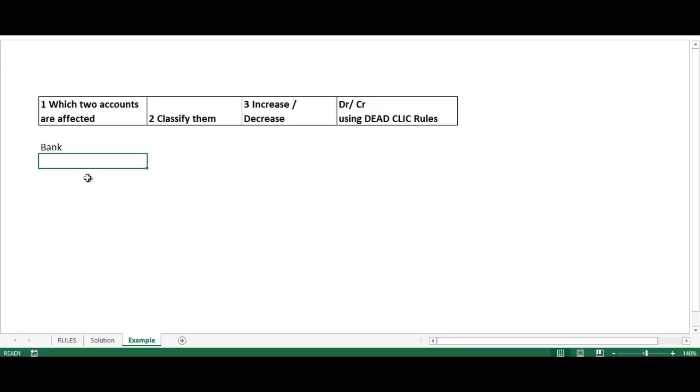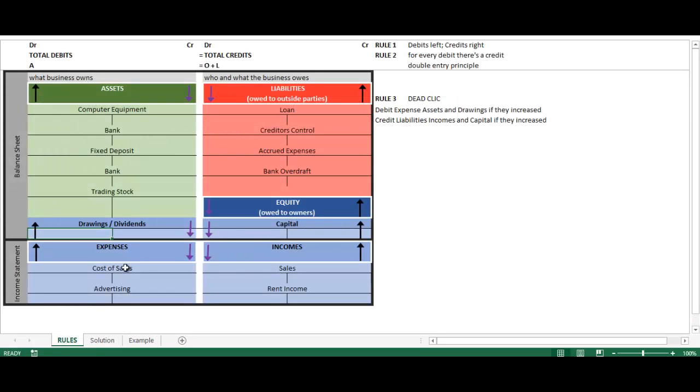Then, what do we call it if the owner takes money from the business? If he contributes money, we call that capital. If the owner takes money from the business, we call that drawings. Right, so let's try and classify these accounts. Now this can be a little bit tricky because drawings is on its own when it comes to the rule, but it actually forms part of equity.